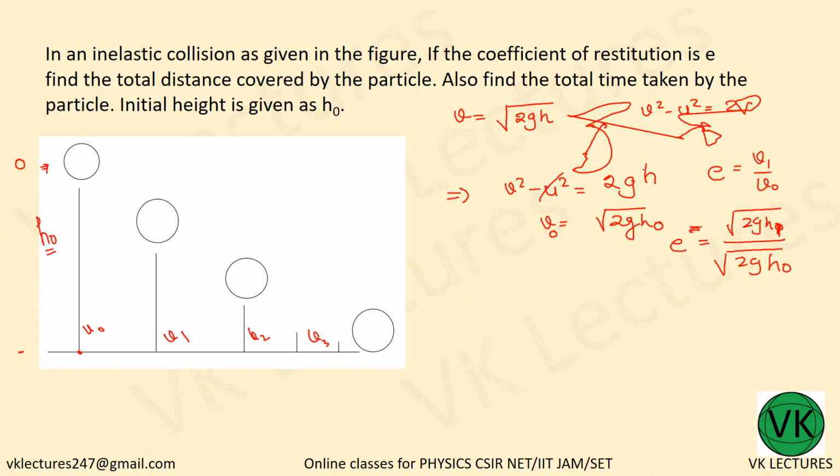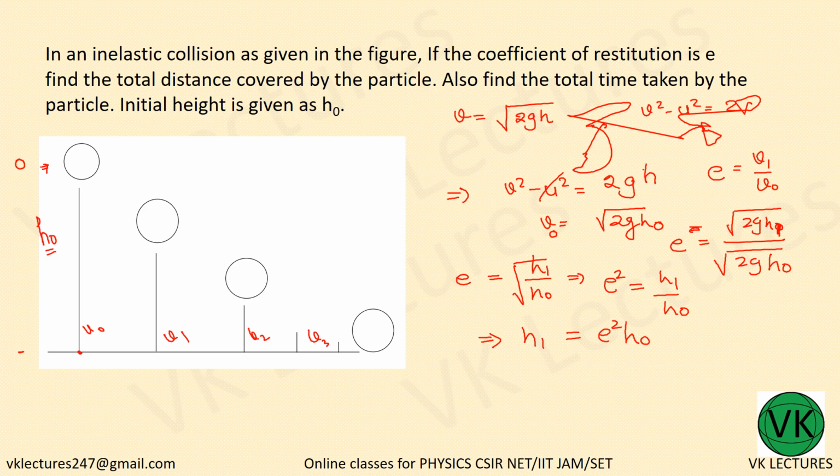Now root 2g and root 2g get cancelled, so e you can write as under root of h1 divided by h naught, which is equal to e square. I can write it as h1 divided by h naught. Now from here I will get h1, that is equal to e square h naught.